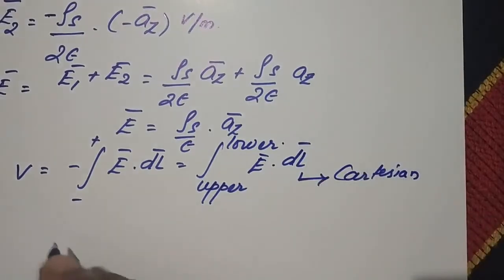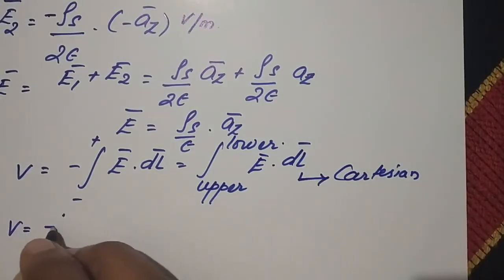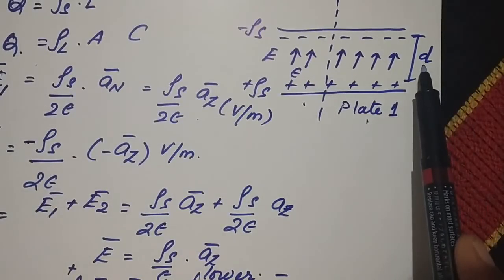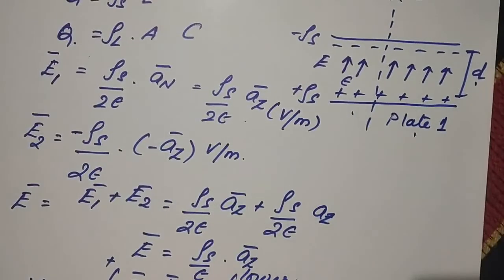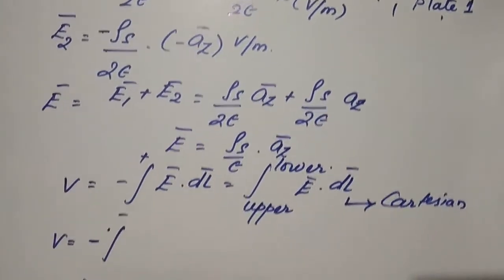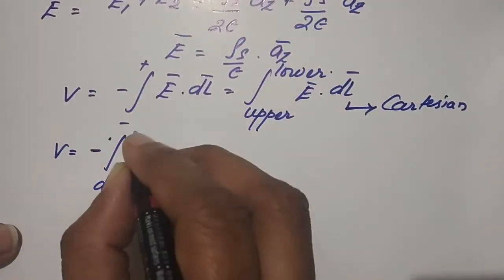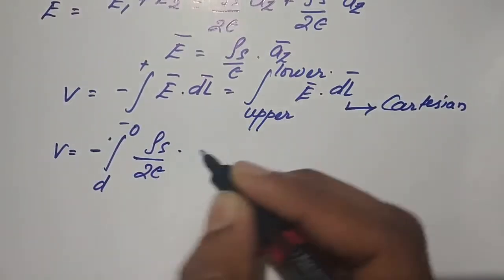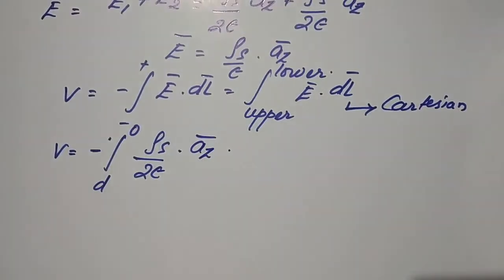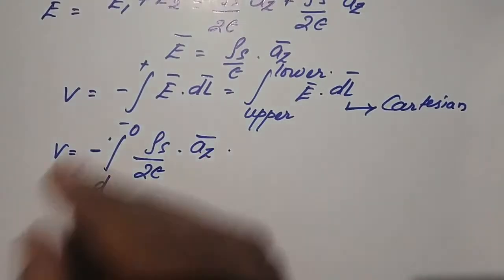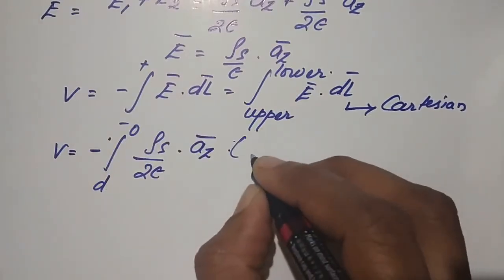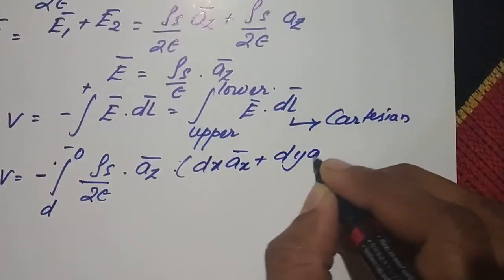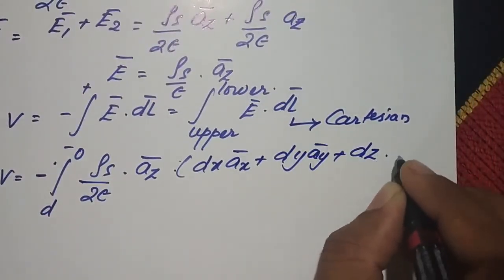With this we'll have V equal to minus the integral, where the upper plate is at a distance of d as already mentioned, and the lower is at 0, so the limits are d to 0, of rho s divided by 2 epsilon into az, and my dl is dx ax plus dy ay plus dz az.